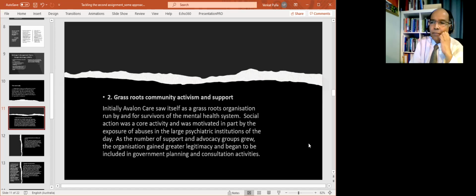initially, people saw themselves as a grassroots organization, fair enough, run by and for survivors of the mental health system. That means there was something in the mental health system that you needed to survive in order to come out of it. Maybe the recovery model wasn't one of those things at that point in time.